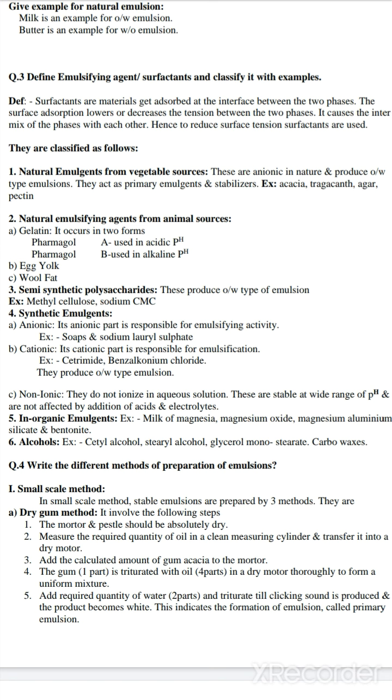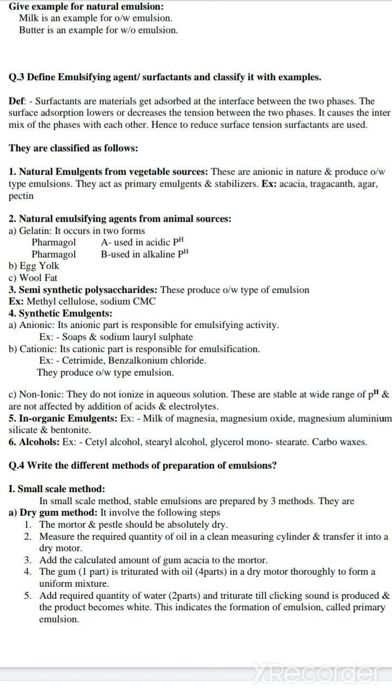Here is the manufacturing or preparation of emulsion by small scale methods. First is the dry gum method. In the dry gum method, the mortar and pestle should be dry. Then measure the quantity of oil in a clean measuring cylinder and transfer it to the dry mortar. Then the calculated amount of gum acacia, which is an emulsifying agent, is added to the mortar.